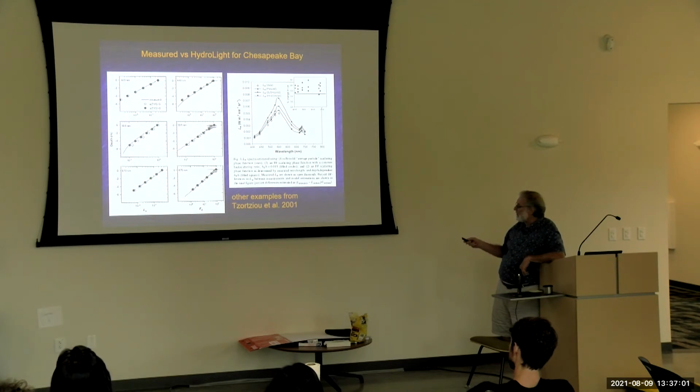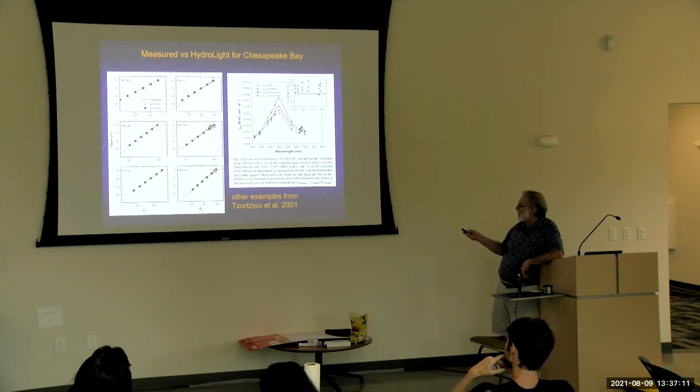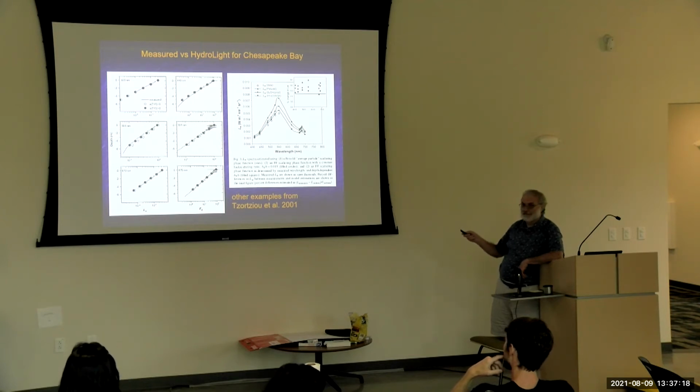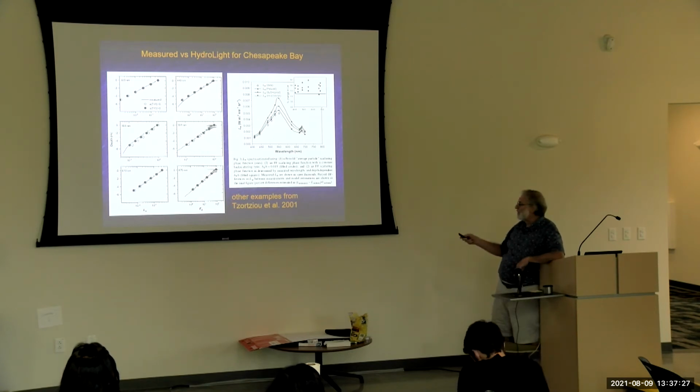And then here's where she looked at LW for different phase functions. So the little open diamonds on the bottom, those are what she actually measured. Then these curves here are when she used a Petzold phase function. Then she assumed that the backscatter fraction was constant, put in some reasonable value determined from her data for near surface waters, and that brought this curve down to here, so it's a little better.